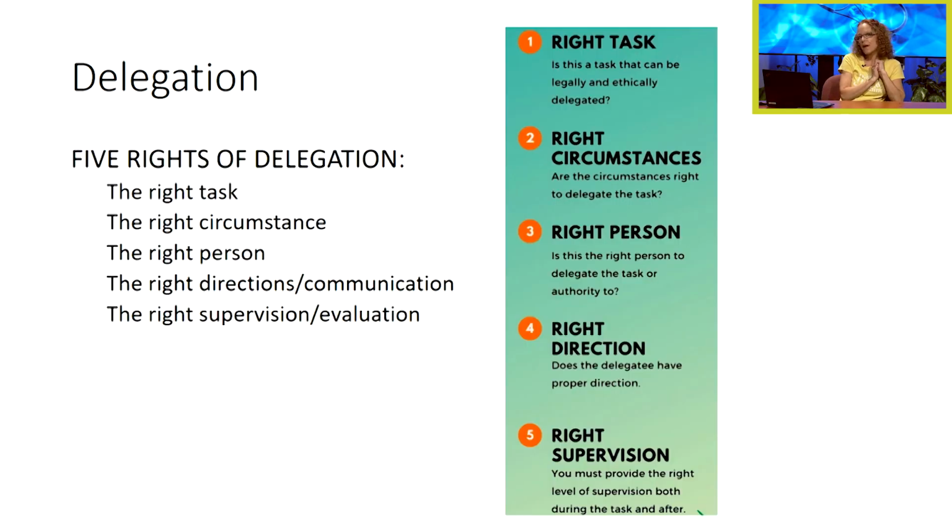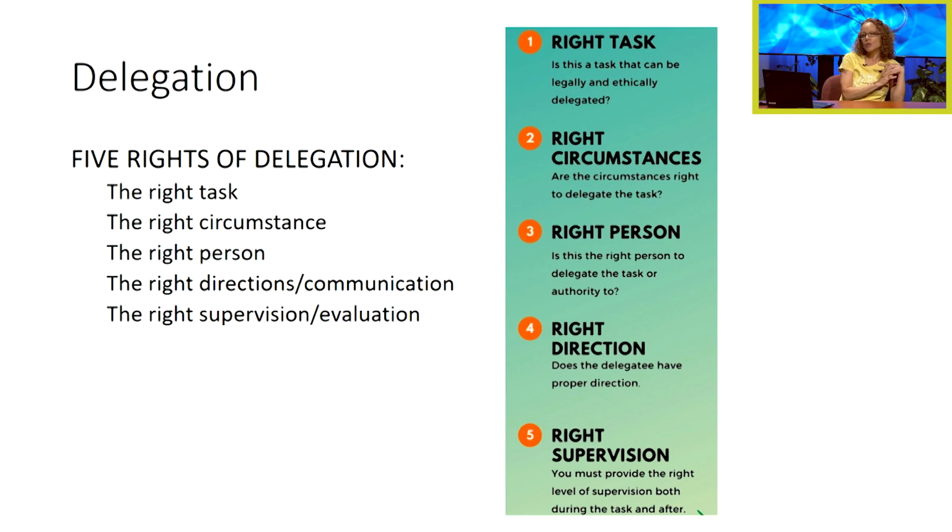So these are the 5 rights of delegation which this joint task force of the ANA and the NCSBN came up with. They said that it must be the right task, okay, meaning it's a task that can be legally and ethically delegated. It must be the right circumstance, meaning that the circumstances are right to delegate the task.